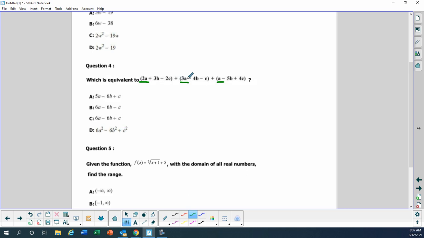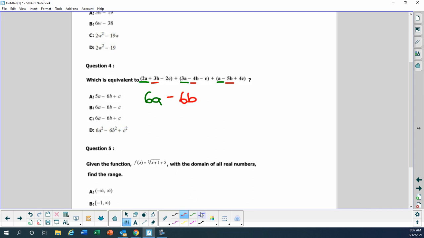So 2 plus 3 plus 1 is 6a. Then I have to do 3b minus 4b minus 5b. So 3 minus 4 is negative 1, and negative 1 minus 5 is negative 6b.